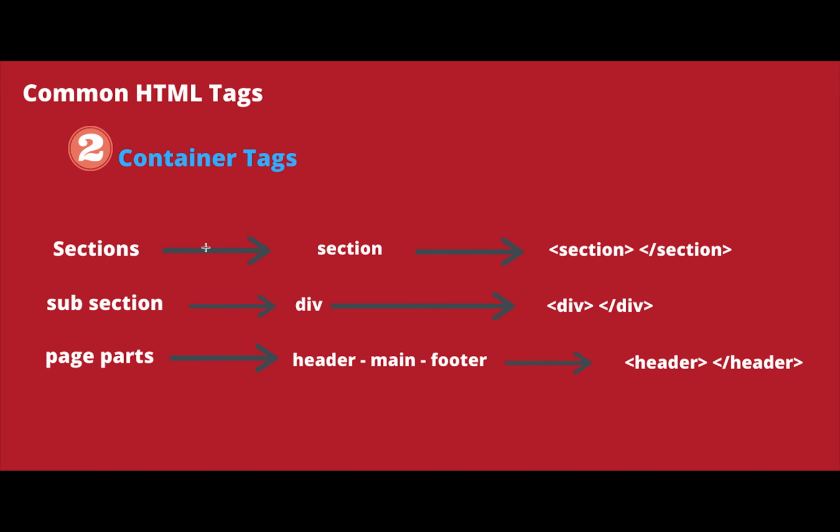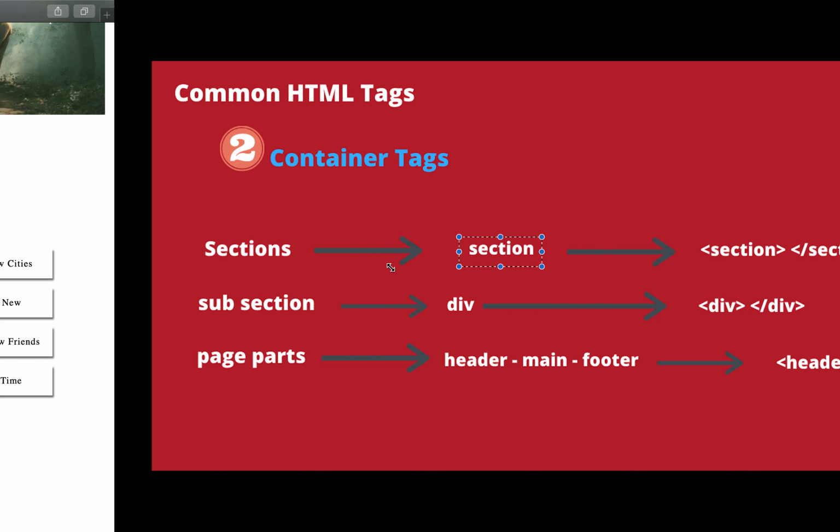However, let's see the benefit of the section tag in a real world example. Let me open Google Chrome for one main reason, because I have a specific tool that I want to show you that will make our job much easier. So here we have it.